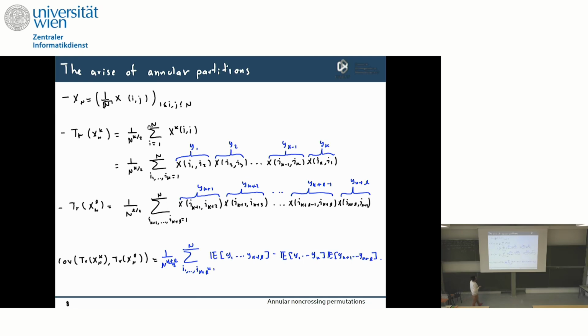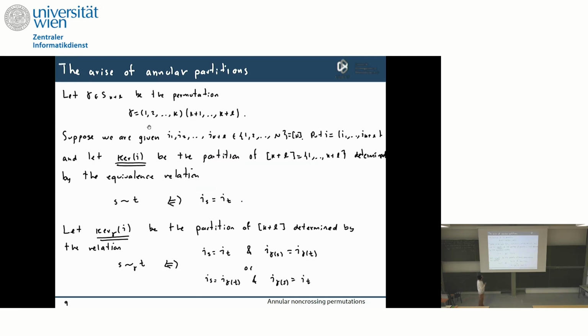And before telling you the next step, let me define this partition, gamma. So gamma is a partition of two cycles. One cycle goes from 1 up to k, and then the second cycle goes from k plus 1 all the way up to k plus l. And then I'm going to define two partitions on the set of k plus l elements.